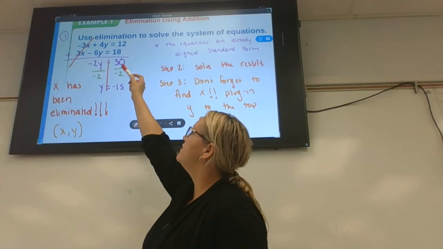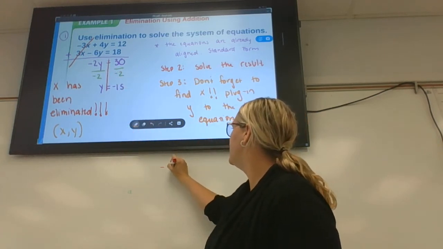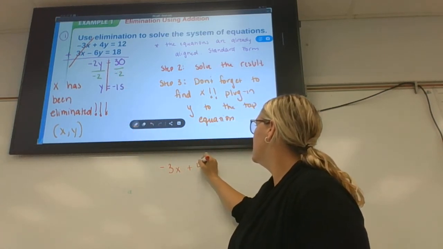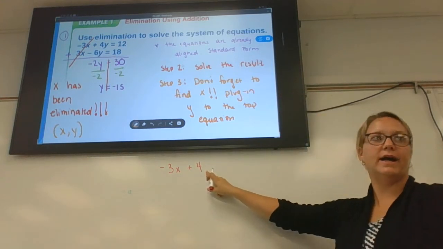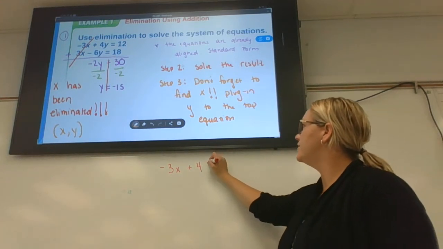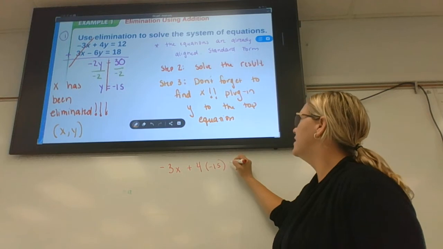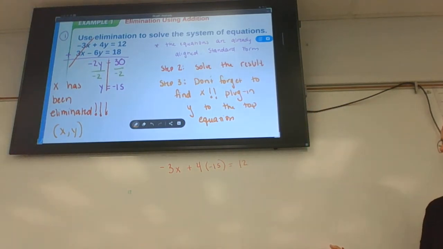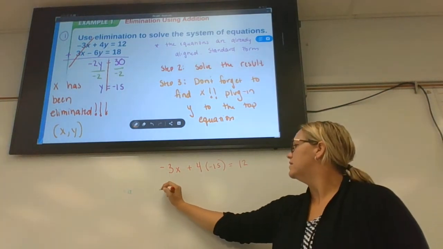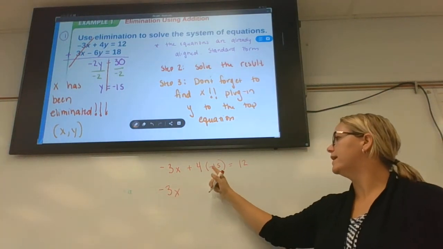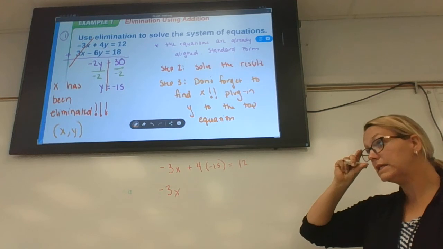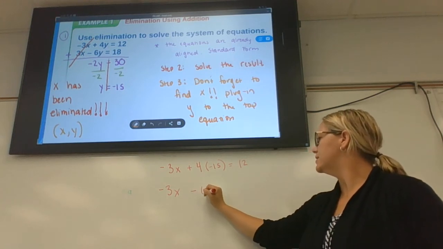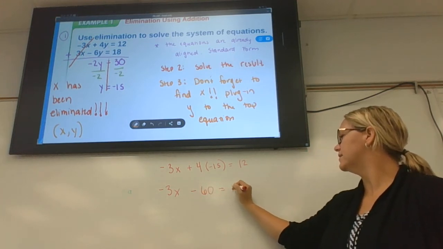So y is -15. I'm going to take this top equation, take the y out, and put -15 in. That's going to allow me to find x. So I got -3x. What's 60?